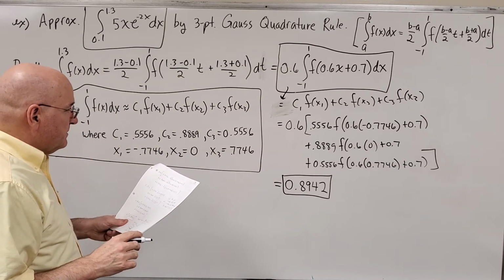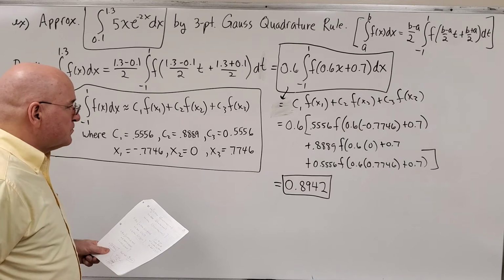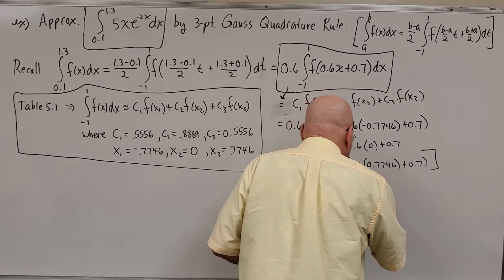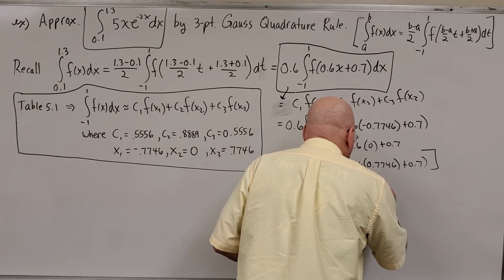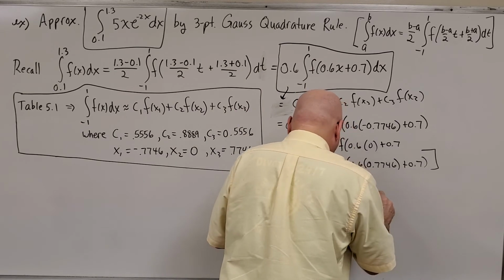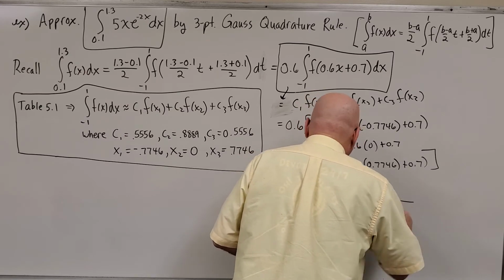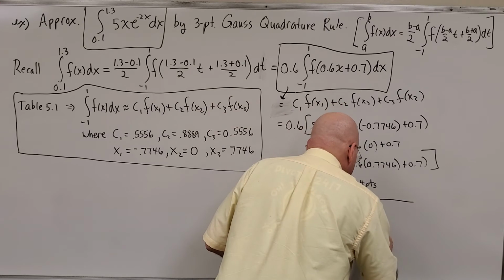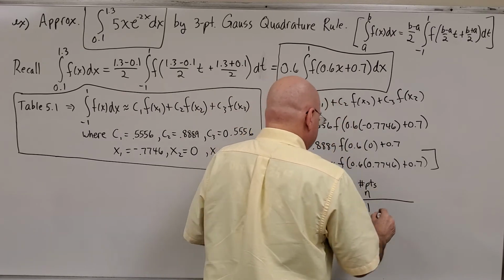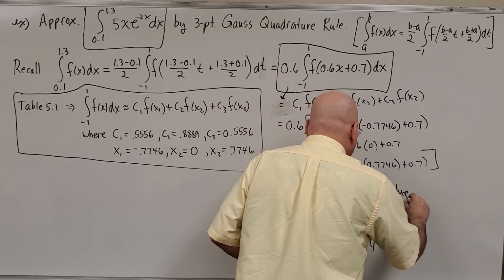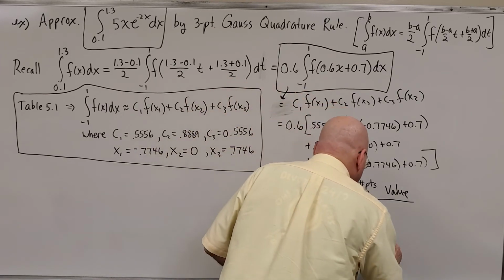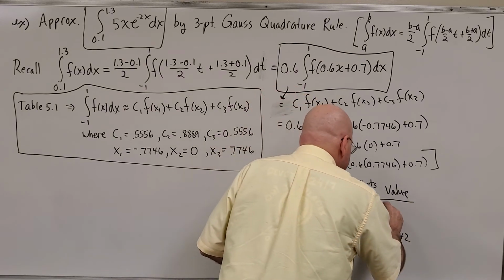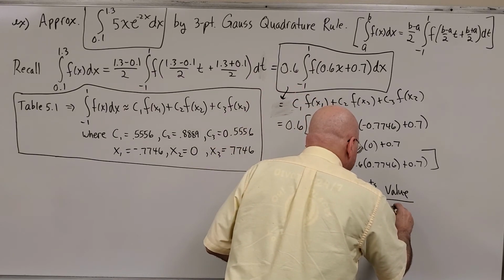And just to show you what we would have got using more points. This was n equal 3 points. So if we use 1, 2, 3, or 4 points, the value we get, well, we know the 3 point was 0.8942. 1 point was 1.036.